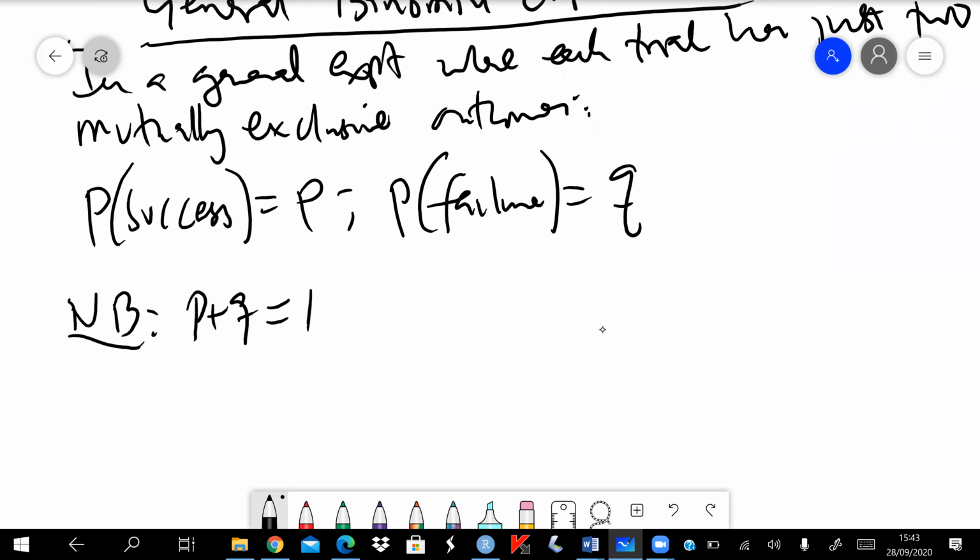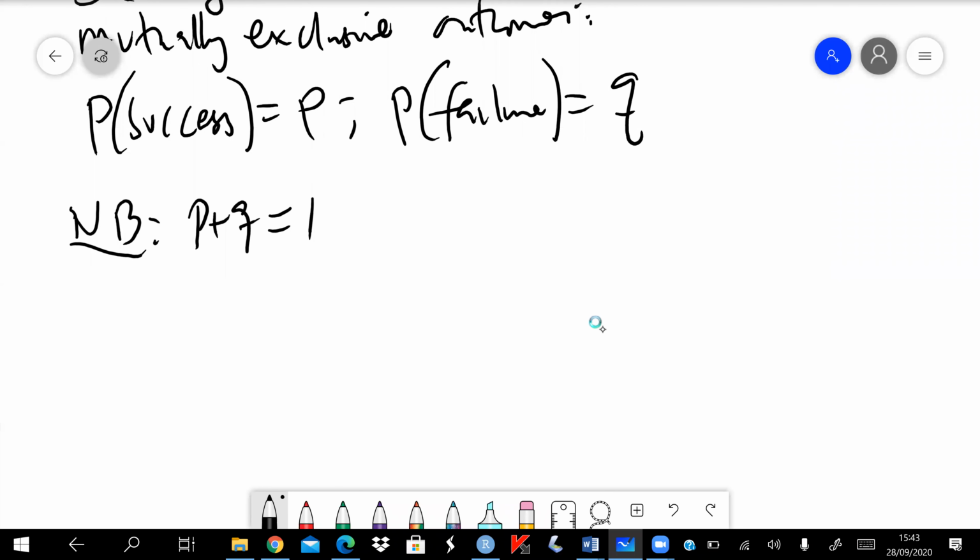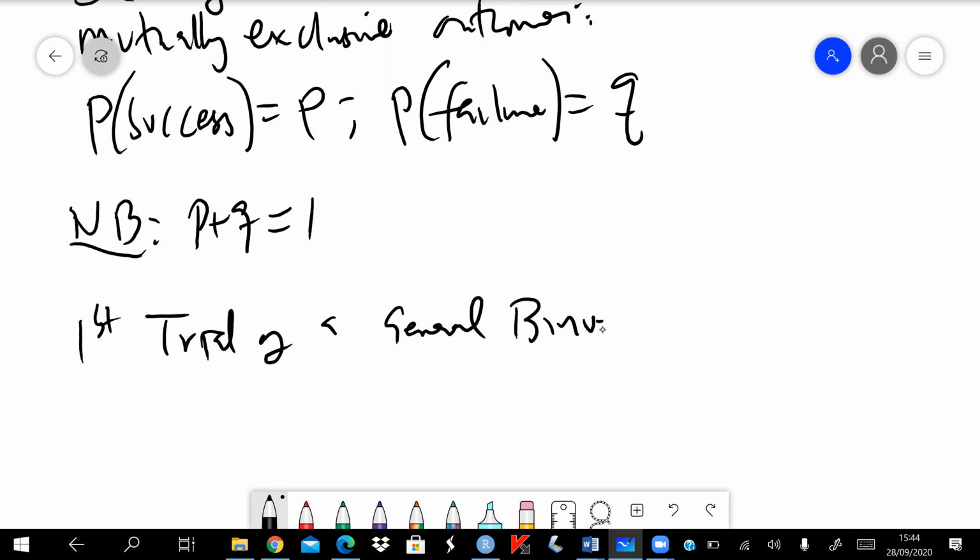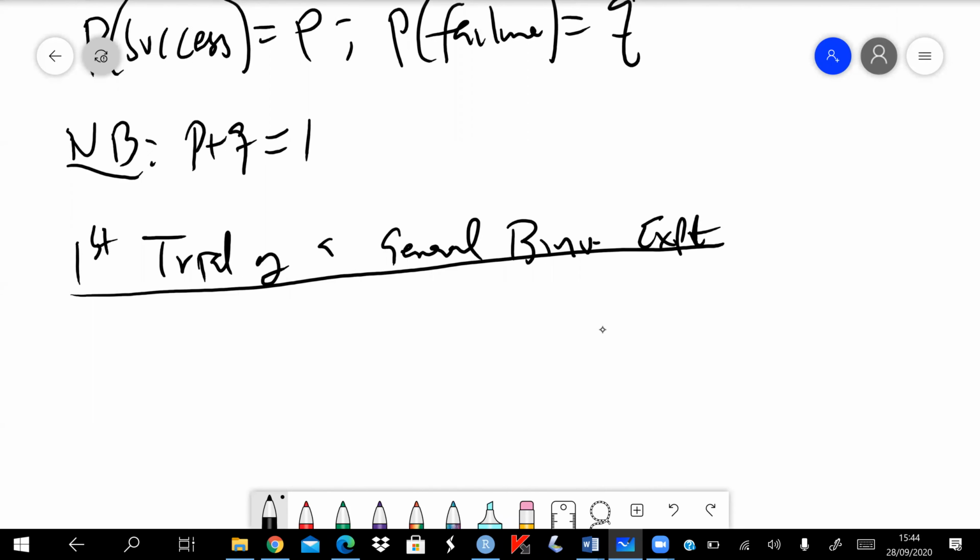Okay, so let's look at the first trial of a general binomial experiment. Remember, we need to come up with a sample space so that we assign probabilities to each of the possible outcomes.